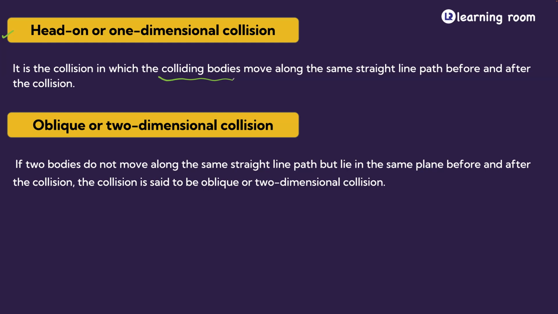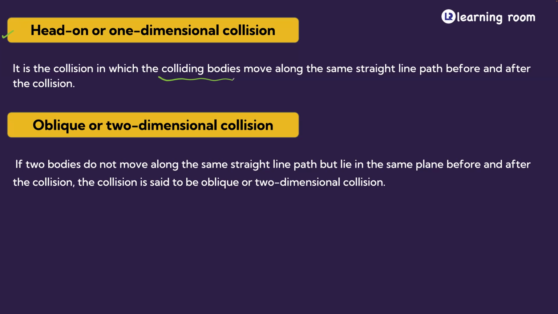In the sense, let's take the hands as an example. This one line, there's another line. If you draw an imaginary line through this, my hands are moving along the same line. So after collision, if they move along the same line, then you can call this kind of a collision as one-dimensional collision, or more technically, you will call it as head-on collision.